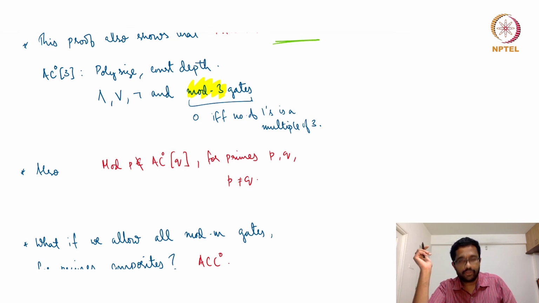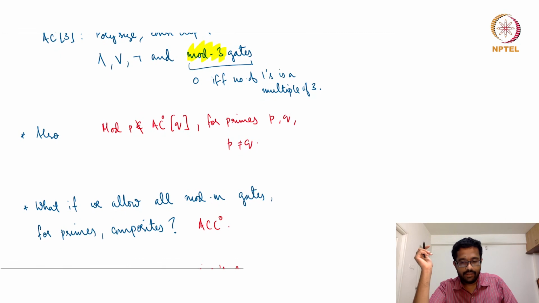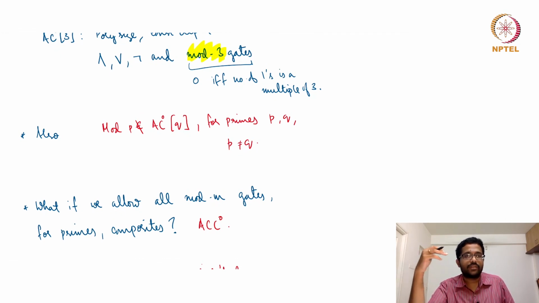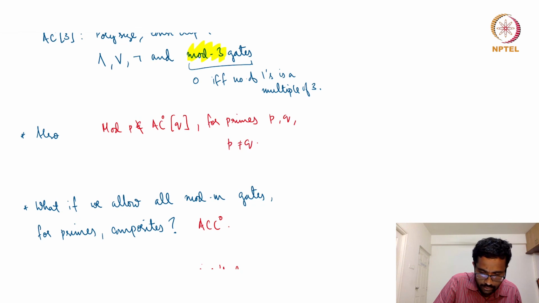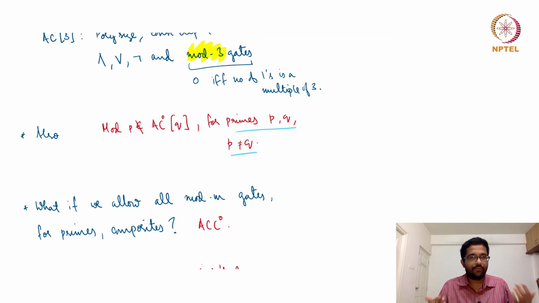But we did not know any language, or even if there is a function, that is not in AC0[6], right? So 6 does not get captured in the previous statement, because the statement that mod P is not in AC0[Q] only held for P and Q primes, right? So we did not know of a language that is not in AC0[6].